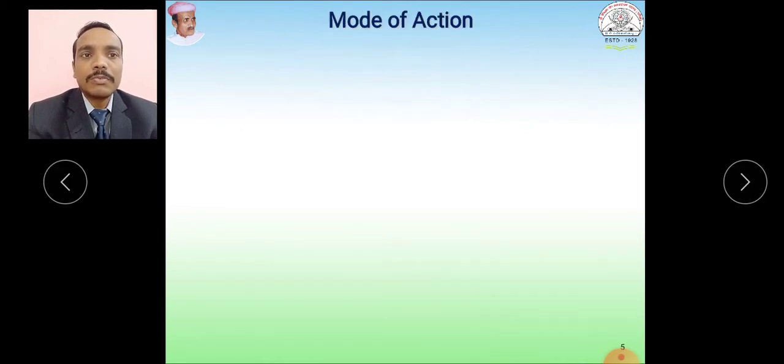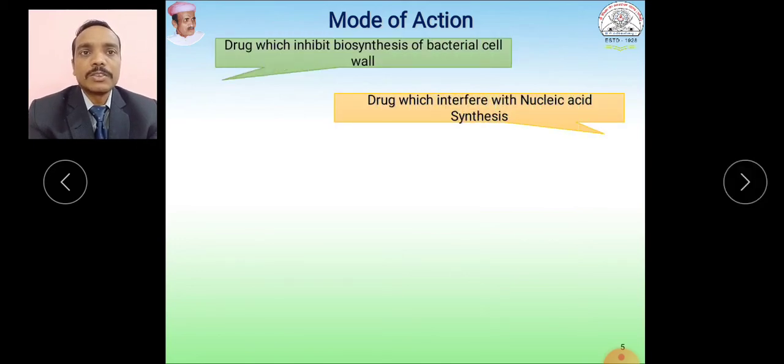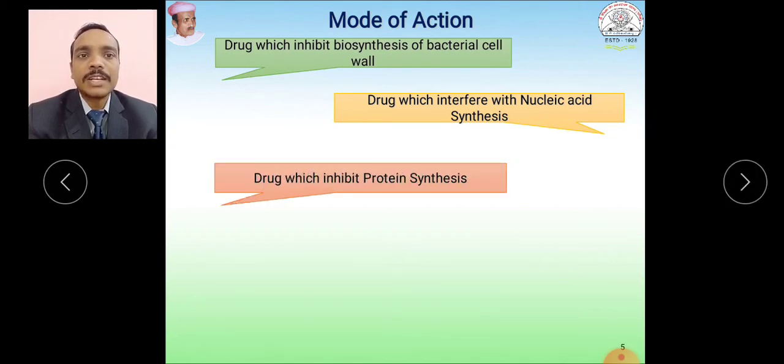Another way of classifying antibiotics is by mode of action. First, drugs which inhibit the biosynthesis of the bacterial cell wall. Second, drugs which interfere with nucleic acid synthesis in bacteria. Third, drugs which inhibit protein synthesis in bacteria.